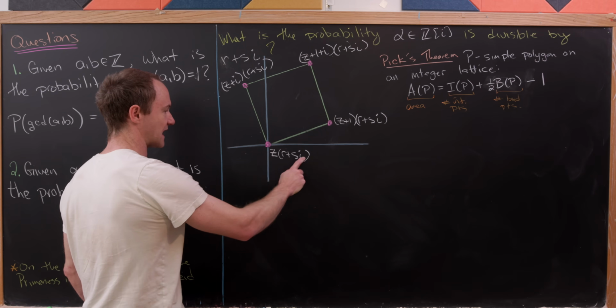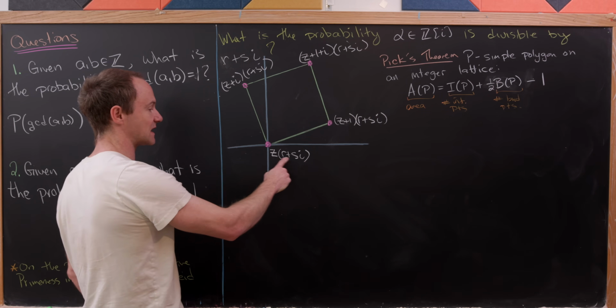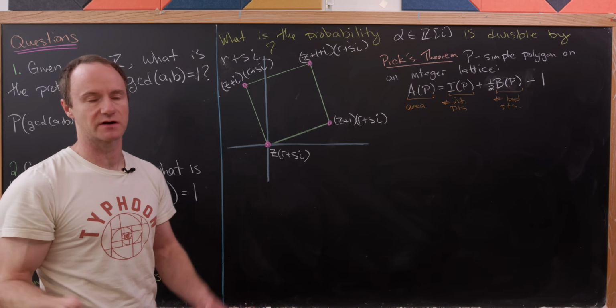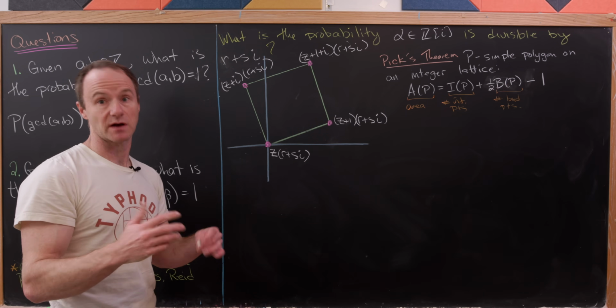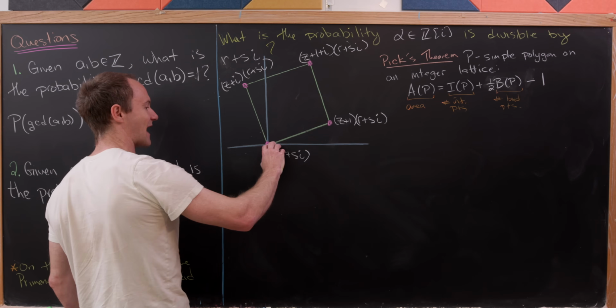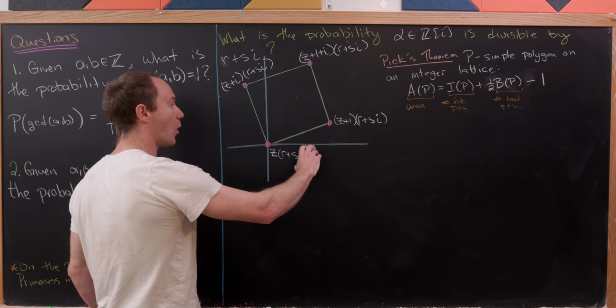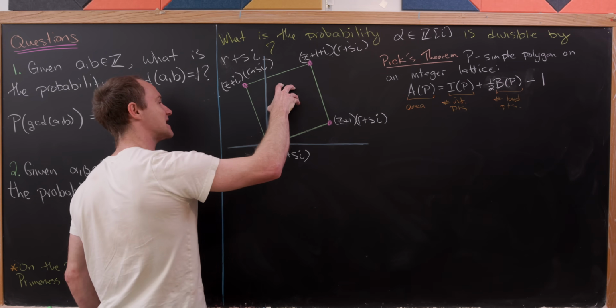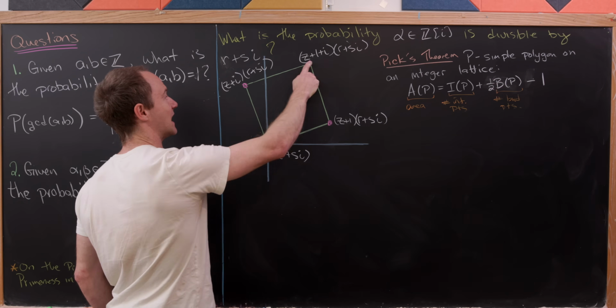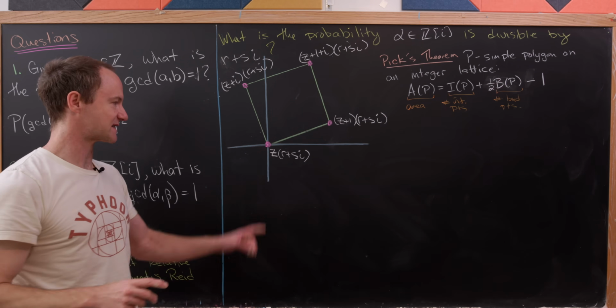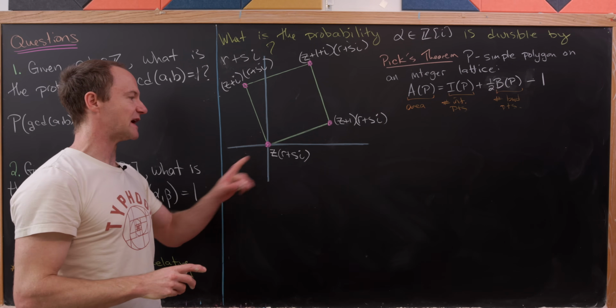That would be this Gaussian integer right here, z times r plus si, where z is a Gaussian integer. So if it's a multiple of r plus si, you can write it as something times r plus si. So it'll live as that, or it will live in the interior of the square, which is defined by this r plus si, built off of this base point of z.